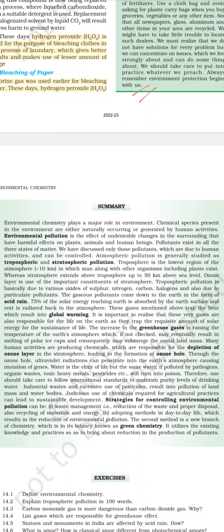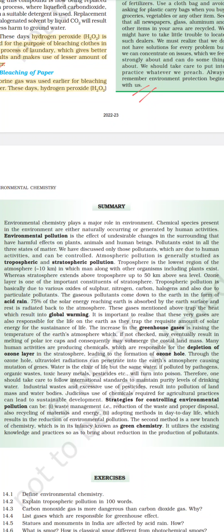Industrial wastes and excessive use of pesticides result in pollution of land mass and water bodies. Judicious use of chemicals required for agricultural practices can lead to sustainable development.